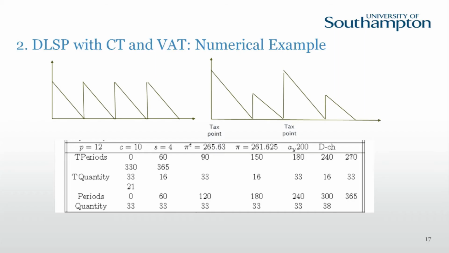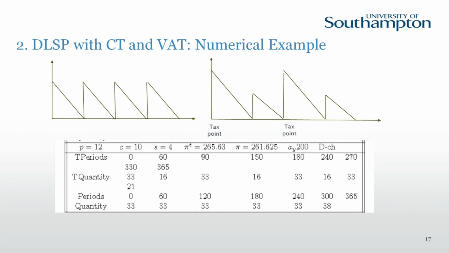Based on this solution method, we have some results here. This one is the DRSP problem applied to our problem, and this one is the tax-adjusted model we're using. In the basic DRSP problem, we find that every 6 time periods we order 33.